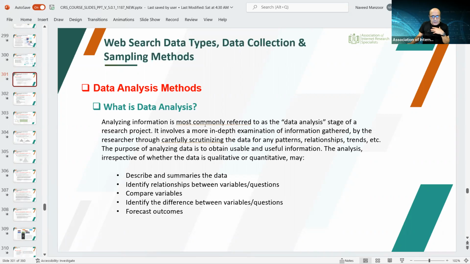So analysis of different sorts are there, but when we say data analysis, data could be anything, any type of data, any form of data.